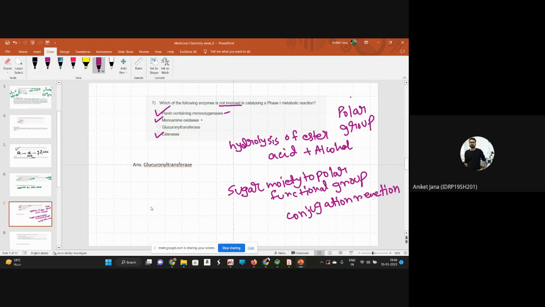It is attaching a sugar moiety to a polar functional group, so this is not an example of the phase 1 metabolic reaction. So our correct option is glucuronyl transferase.